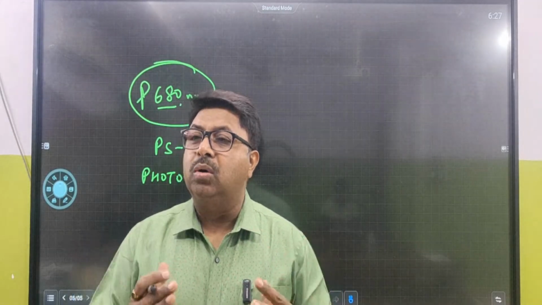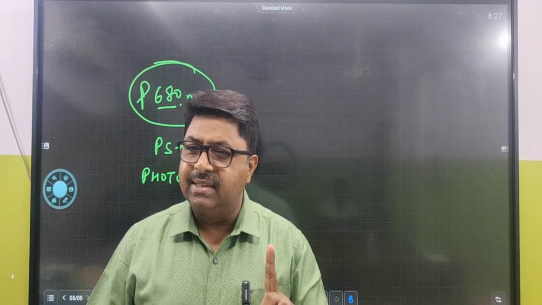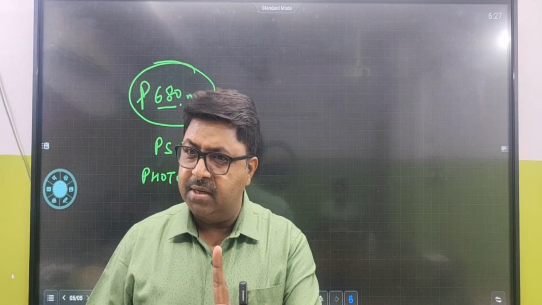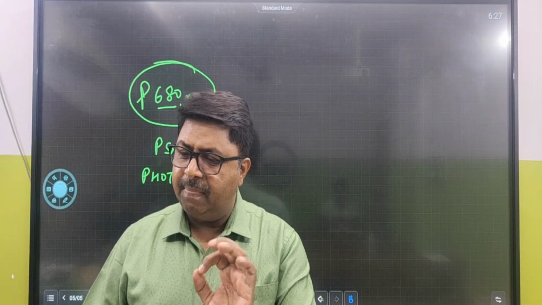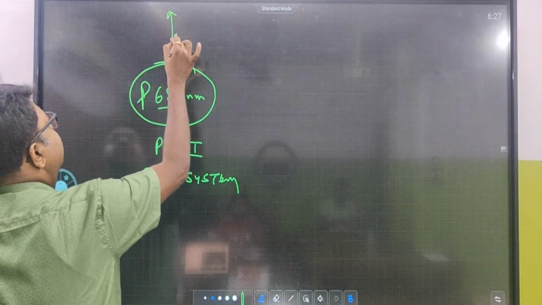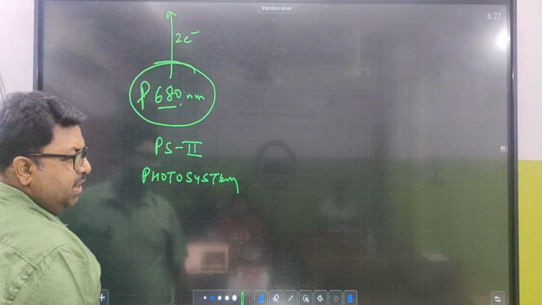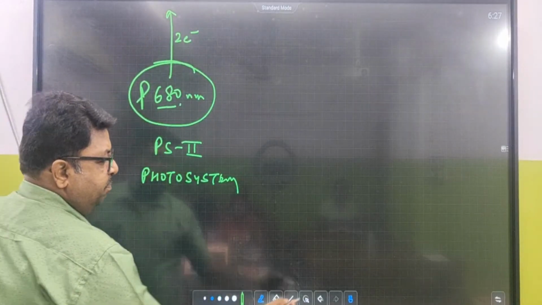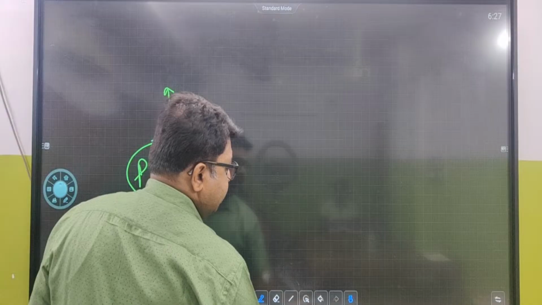Many of them together activate the P680. P680 alone never gets excited straight away. Got the point? The moment P680 gets excited, it is going to release an electron, and this electron will be accepted by what?